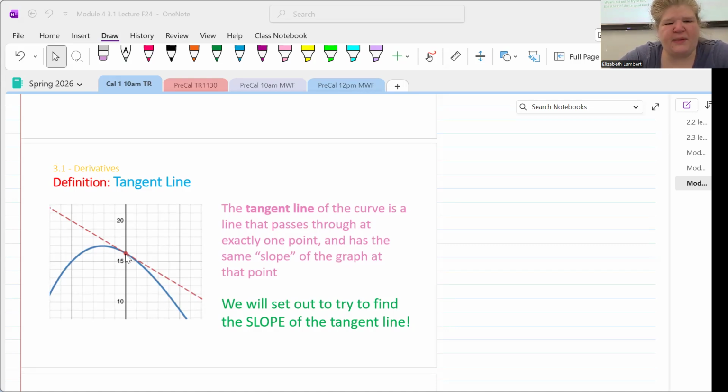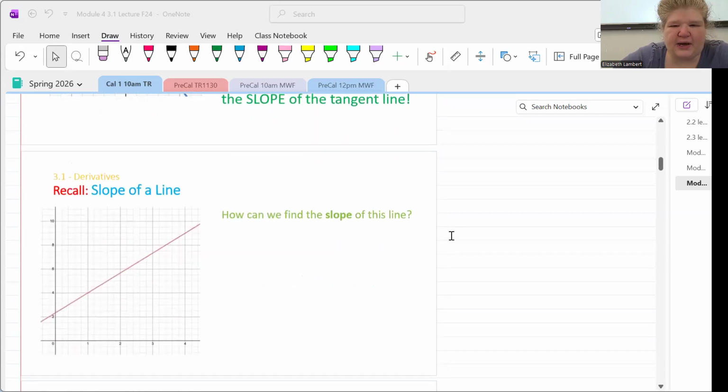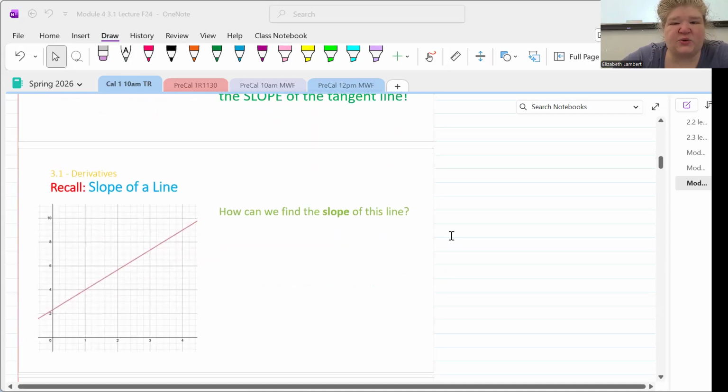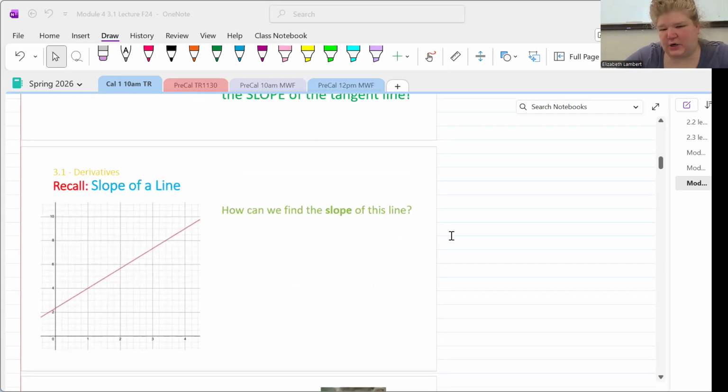So there is one magic slope for a particular point on a graph that is tangent to the curve. We are going to try to figure out the slope of that tangent line. It turns out this idea has a whole lot of applications. But let's rewind back to how in the heck do we find slope?